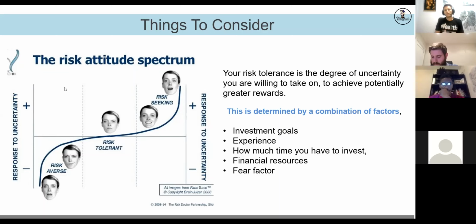So I have a little graph here on the left. If you can see it, you'll see if you're more risk averse, the chances are that you're going to get an average return or below average return. And the higher you move up that risk scale, your return increases with that risk that you are seeking. Now, it's not all sunshine and roses.